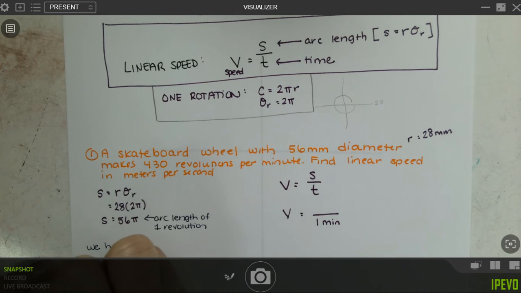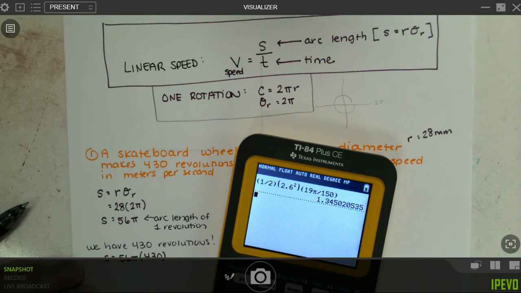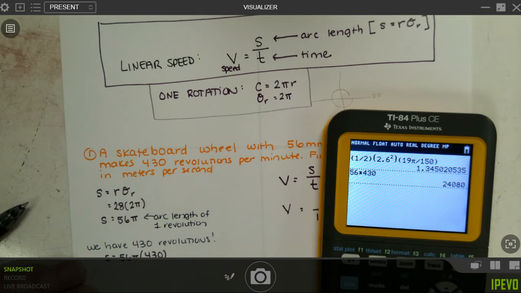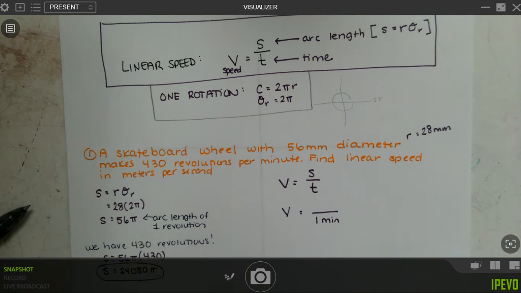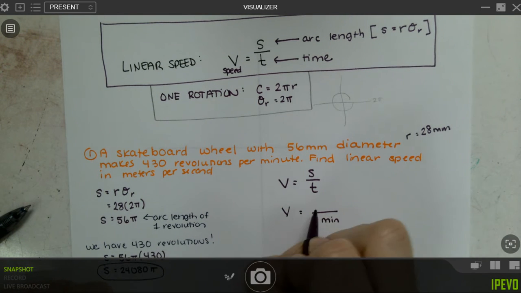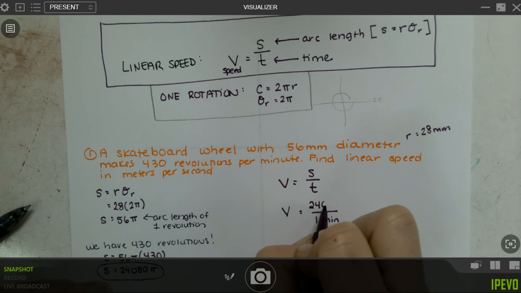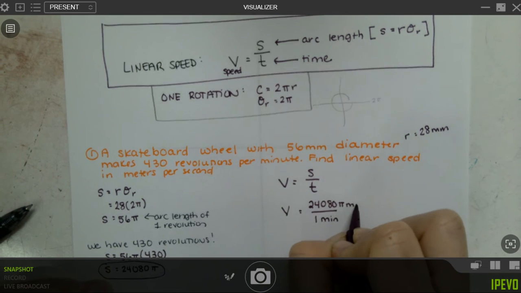In this case, we have 430 revolutions, so we're going to multiply that times 430. I like to leave mine in terms of pi. 56 times 430 is 24,080 pi. I like to leave it in this form until I get to the very end when I actually multiply by pi. All right, so we have enough information here. The arc length now is 24,080 times pi millimeters.